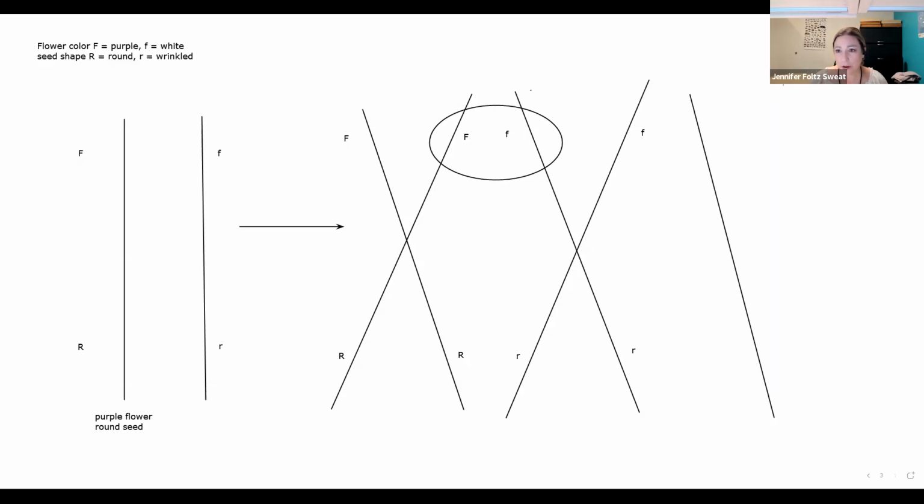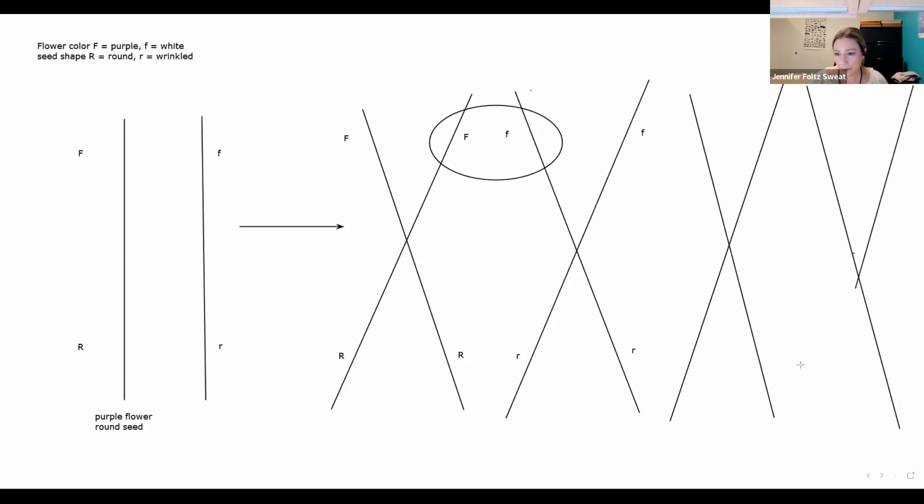So here we have my sister chromatids again. So we had crossing over, which will give me a capital F here.